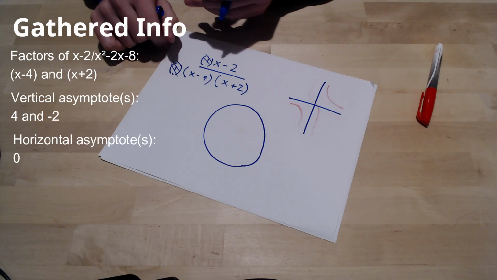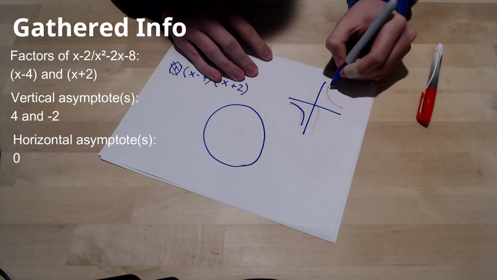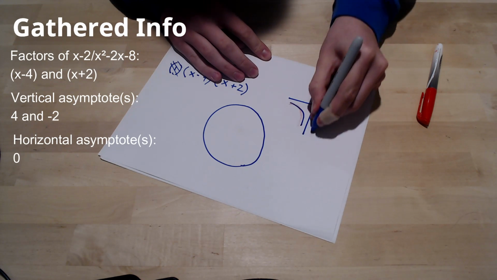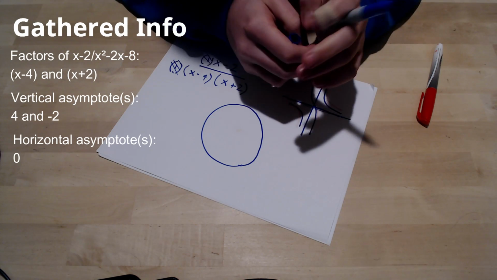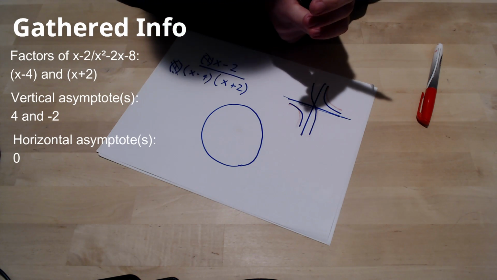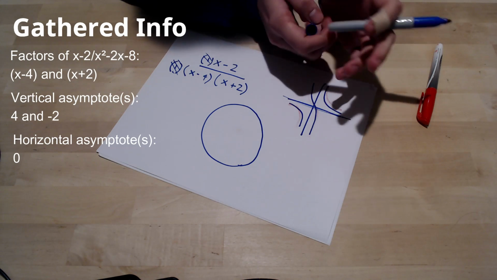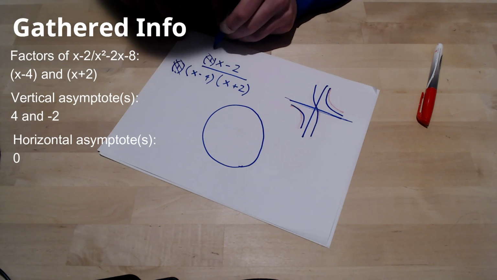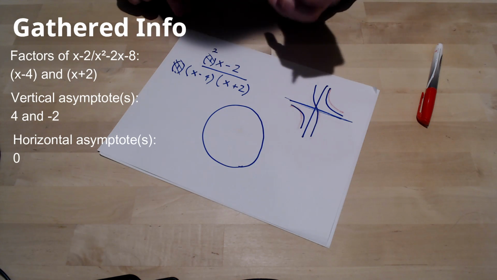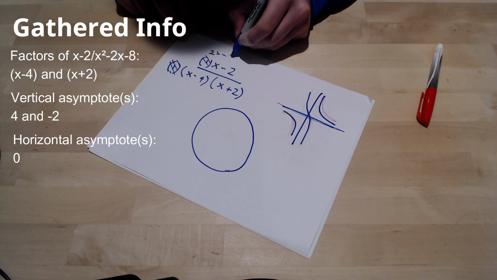So on our graph, when we actually graph it, these sections won't cross the actual line here. They'll be in their own areas. Now, this isn't true with all functions that you graph, but in this case it is. In other cases, for example, you might have 2x minus 2, if that was a possibility.